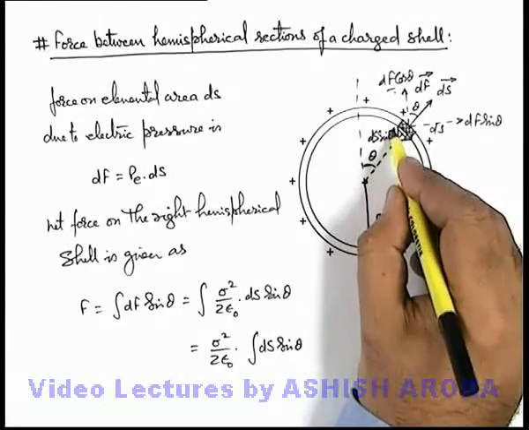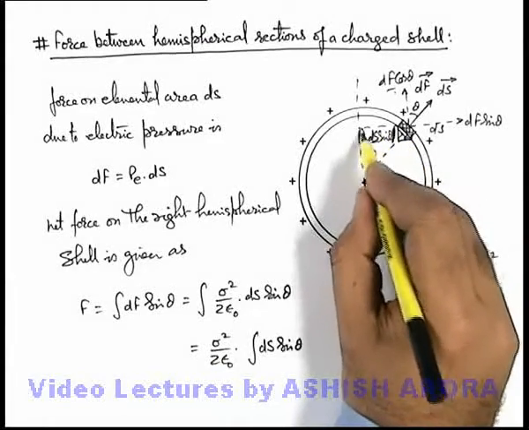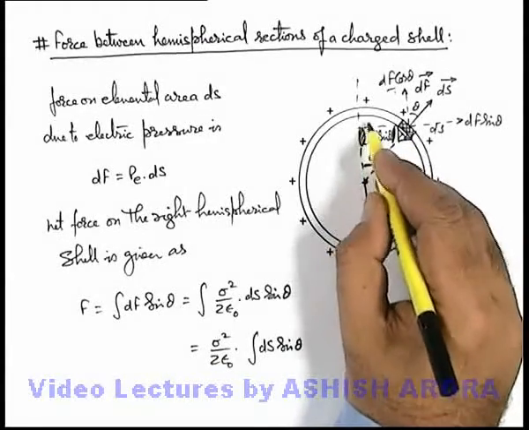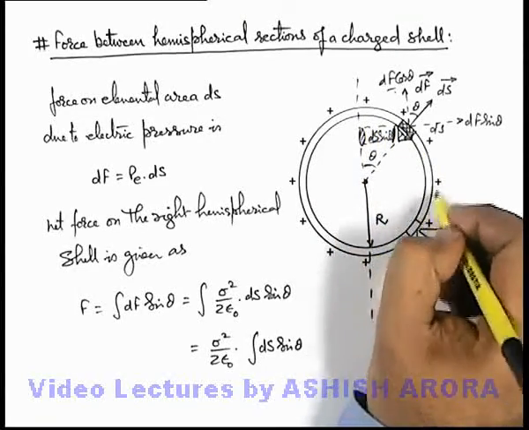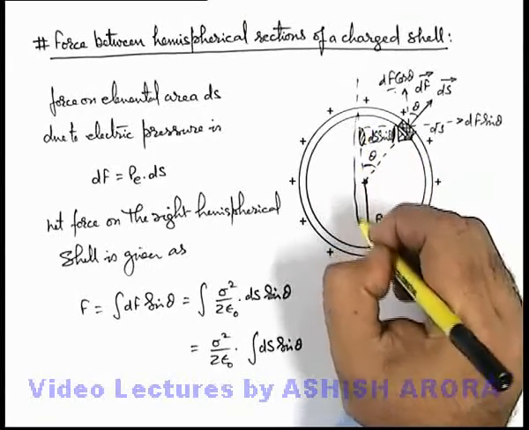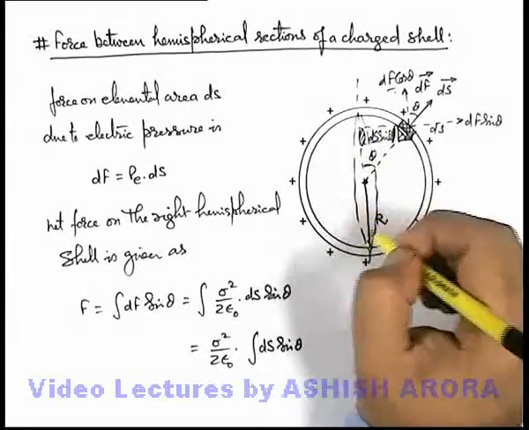So if we integrate this ds sin theta, the projection of this area on the base, which is ds sin theta, when we integrate, the total surface area of the hemispherical shell when projected on its base, the total area will be the area of its base, that is pi r square.